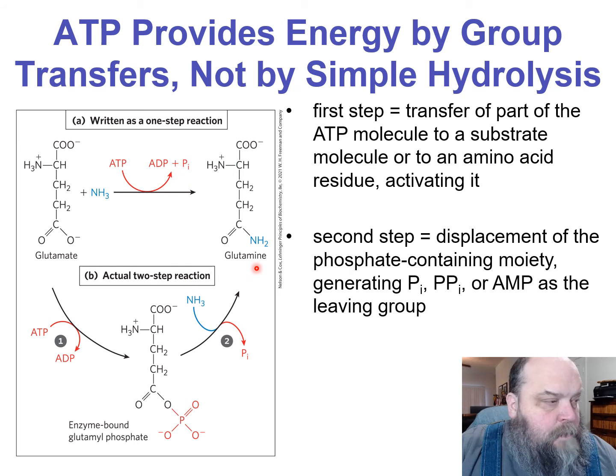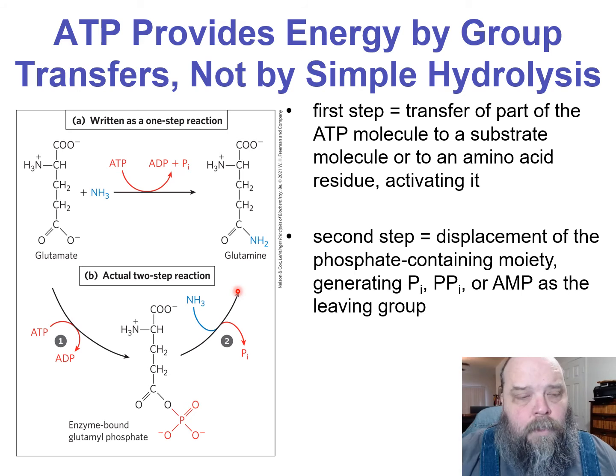And the energy that's coming from this ATP isn't just because a phosphate group is being released, it's not just because a hydrolysis is occurring. Ooh, look, we broke a bond, energy's released, boom. No, the energy's coming in because a functional group is being transferred. Yes, I use the very simplistic analogy of a light switch.